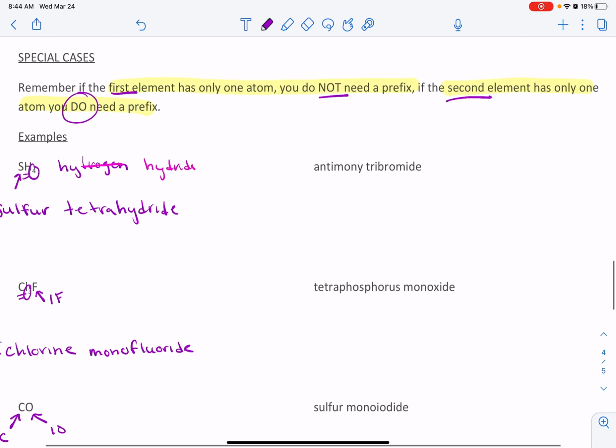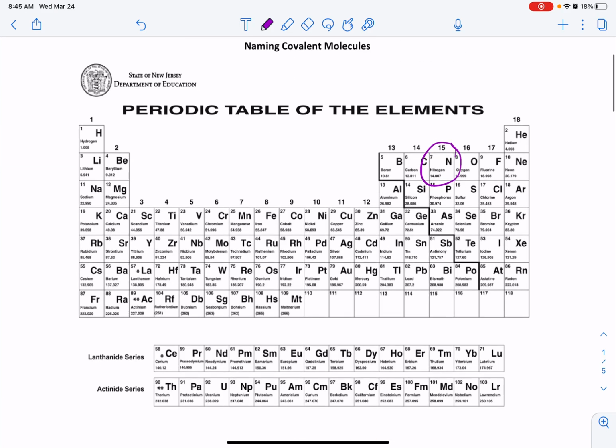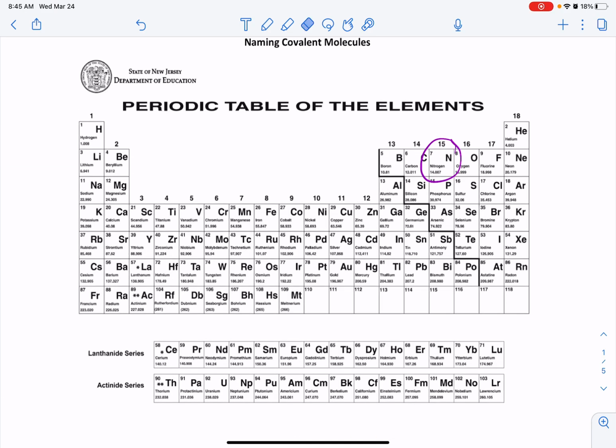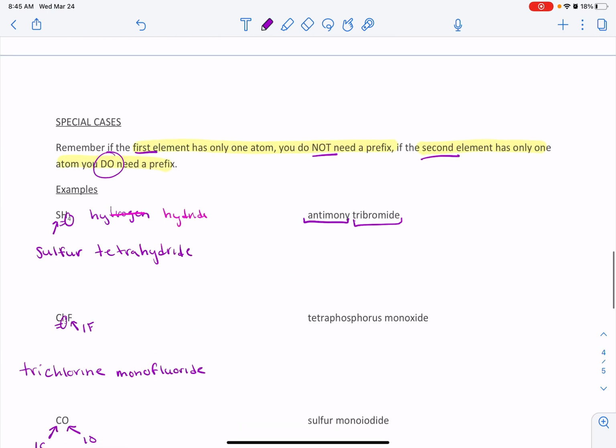All right, now let's look at the other direction. Here we have antimony tribromide. First element, we see it has no prefix, so that means there's only going to be one antimony. Antimony is not an element we use all the time, so let's take a look back at our periodic table. Antimony over here is Sb. I know that's kind of weird, it comes from the Latin name, but antimony is Sb.